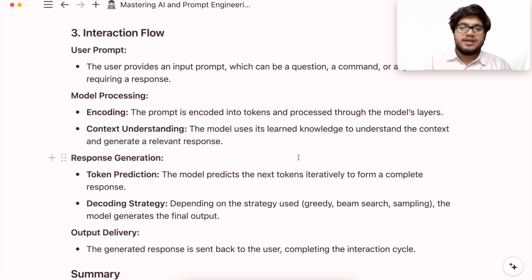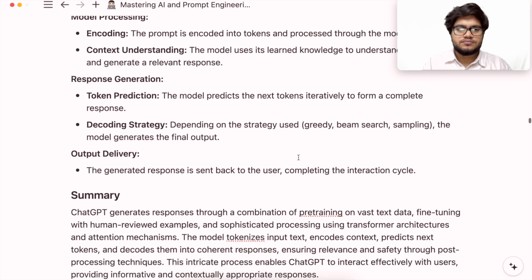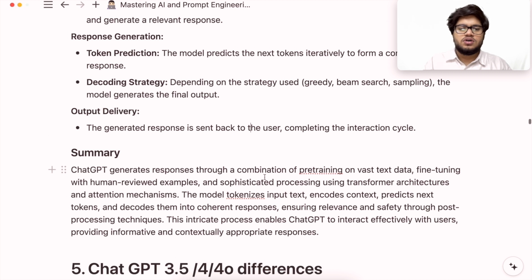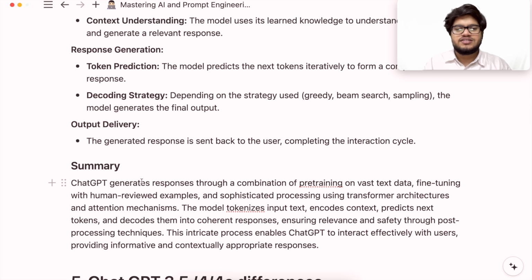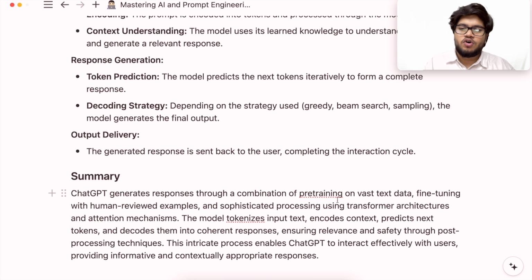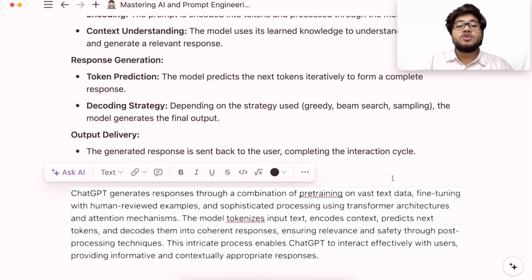I have explained everything in this video, all these terms. So there is a summary. ChatGPT generates responses through a combination of pre-training on vast data sets, fine-tuning with human-reviewed examples, and sophisticated processing using transformer architecture and attention mechanisms.